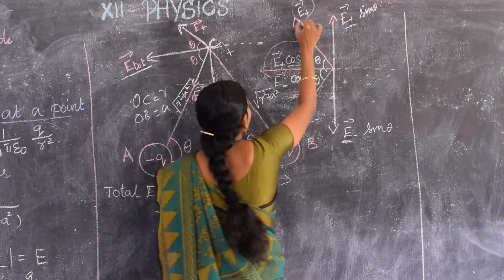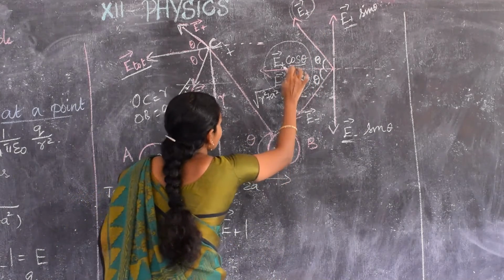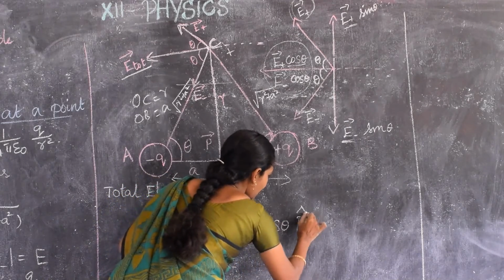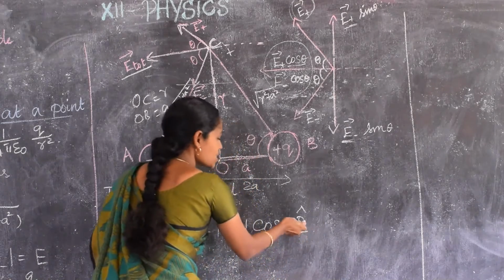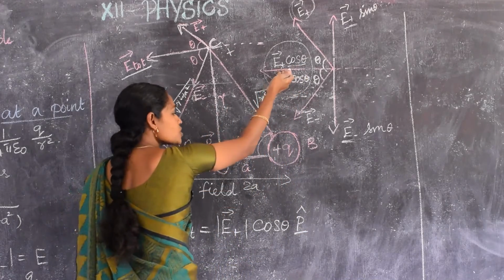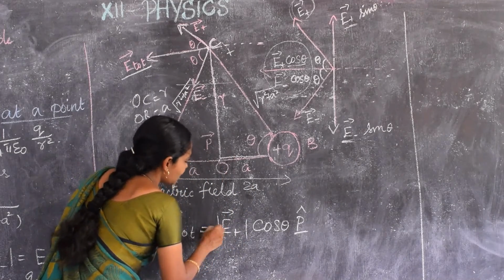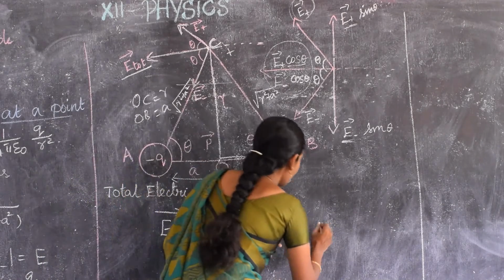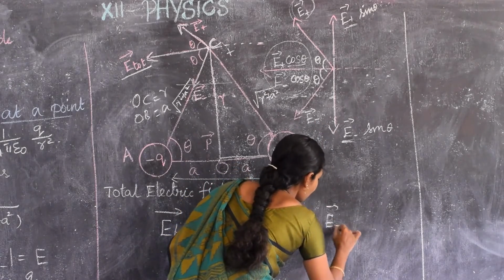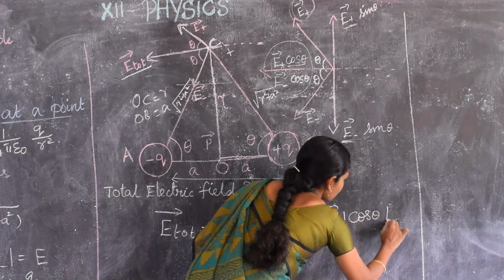first E vector plus, mod of E vector plus, the horizontal component is cos theta, and p cap. It is a unit vector. It represents the direction. Here what is the direction? It is in the opposite direction of the electric dipole moment, so I put a minus sign here. And next E vector minus, mod of E vector minus, again horizontal component cos theta p cap.